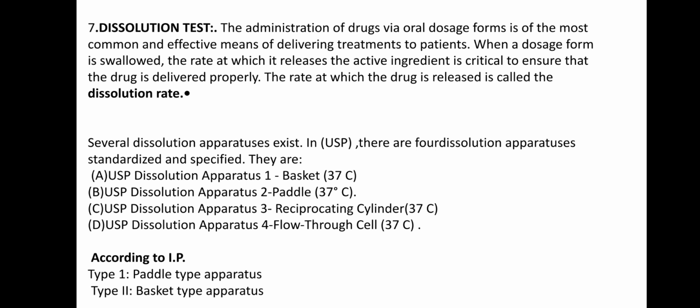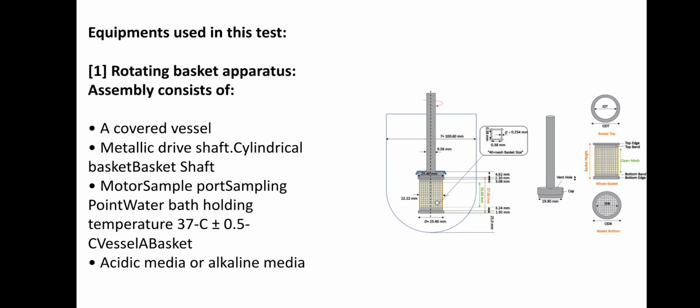In USP, there are 4 dissolution apparatus standardized and specified: USP apparatus 1, basket, at 37 degrees Celsius; USP apparatus 2, paddle; USP apparatus 3, reciprocating cylinder; USP apparatus 4, flow through cell. According to IP, type 1 is the paddle type apparatus and type 2 is the basket type apparatus.